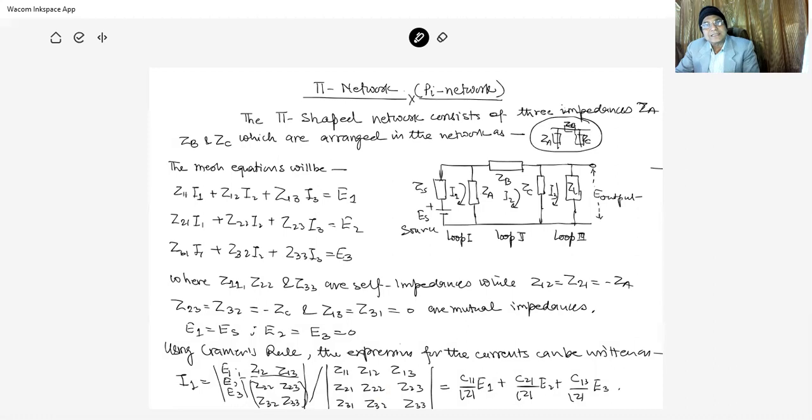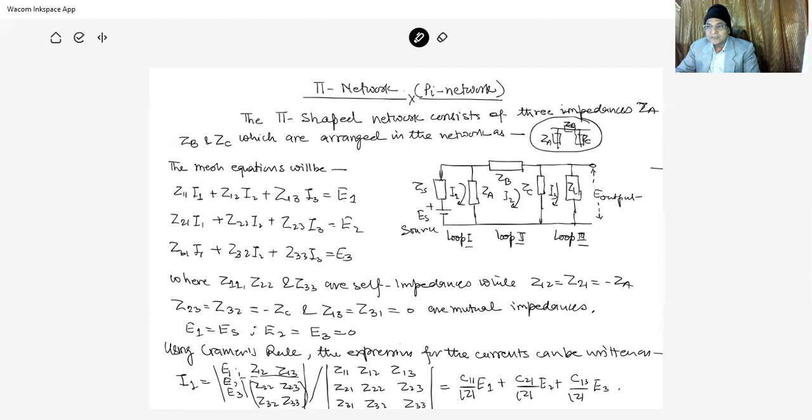So in the pi network, there are three loops, three meshes: loop 1, loop 2, and loop 3. In case of three loops, there must be three currents, that is I1, I2 and I3. With the help of these three currents, we have to write the mesh equations. Z11 I1 plus Z12 I2 plus Z13 I3 is equal to E1.